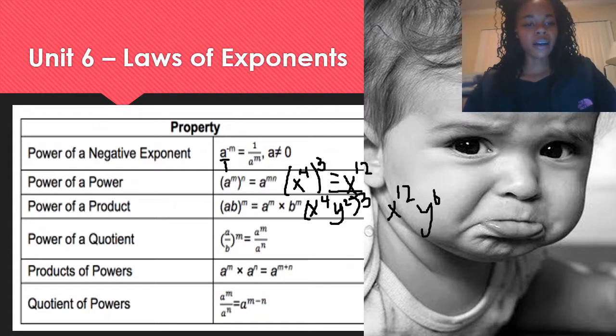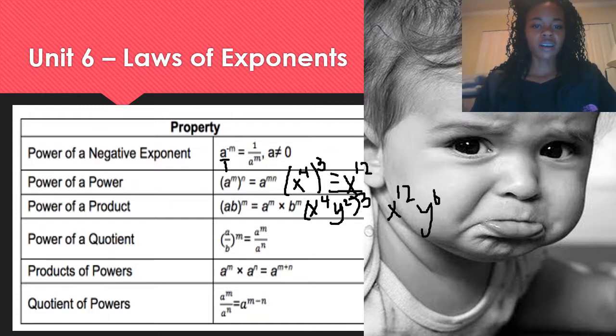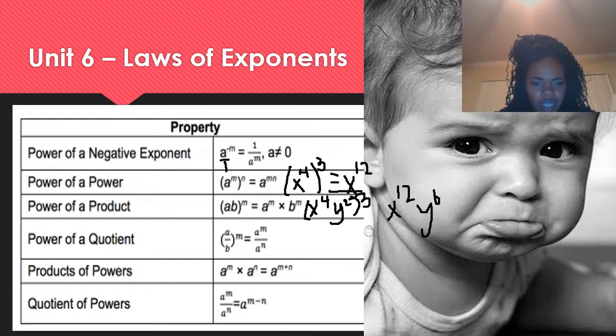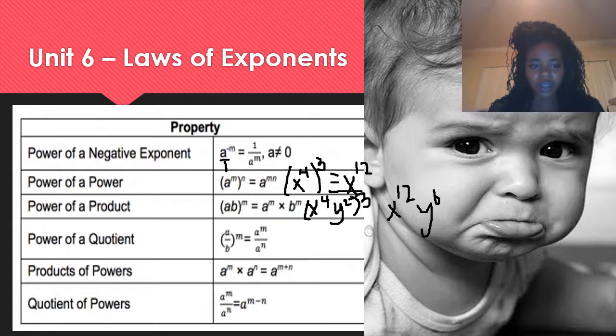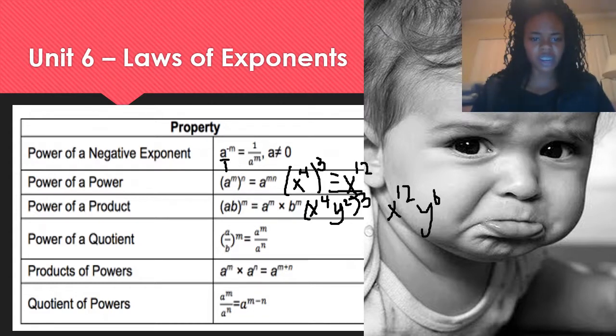Okay. Power of a quotient, not much different than what I just did. Up here, let's say we have 1/2 raised to the, I can't even see what that says actually. We actually don't need this rule. I don't even know what this rule is saying right now, so we're going to cross this out. I can't see that far, or it's kind of blurry. Our quotient rule is down here.